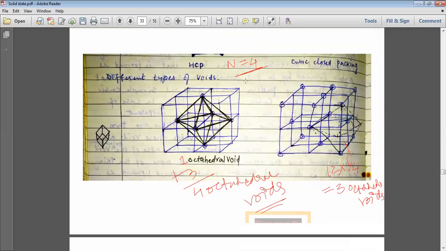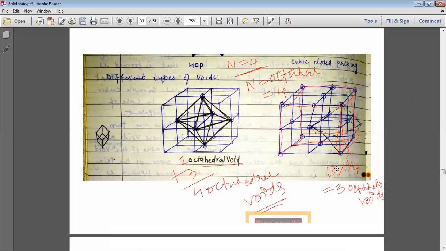Now if we look into the octahedral voids, n is equal to the number of octahedral voids, and therefore 4 octahedral voids we should have. So one octahedral void is at the center of the unit cell, whereas 1/4 of the other octahedral voids comes from each edge, and we have 12 such edges: 1, 2, 3, 4, 5, 6, 7, 8, 9, 10, 11 and 12.